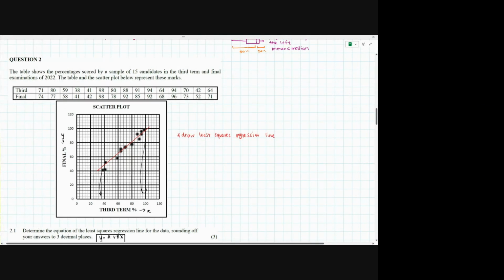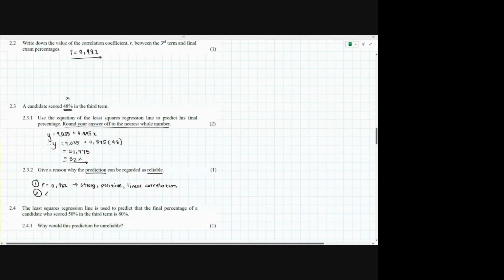The 48 is within the domain of that data set. So it falls along that line. It's not going too far away. We're not starting to move away from reliability. So we could also say 48% is within the domain of our regression line.